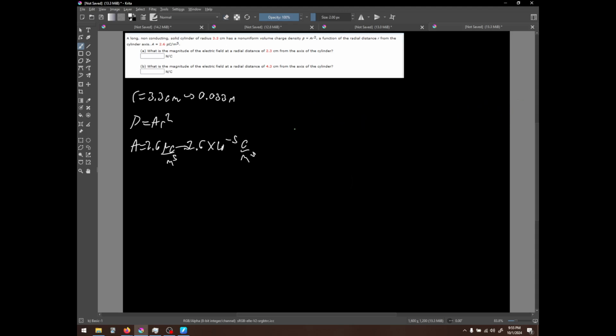So Gauss's law. See, that's not quite what they had though, is it? For Gauss's law. Maybe they did.